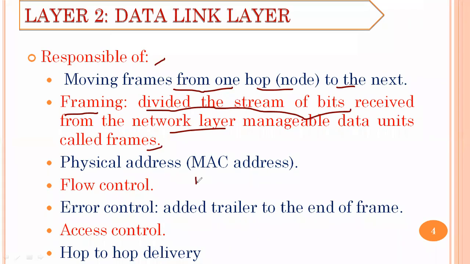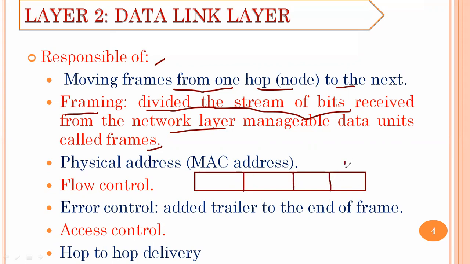Suppose this is the data that will come from the network layer. What it will do is divide this data into a number of frames, and give them sequence numbers like 1, 2, 3, and 4, and similarly at the other side.